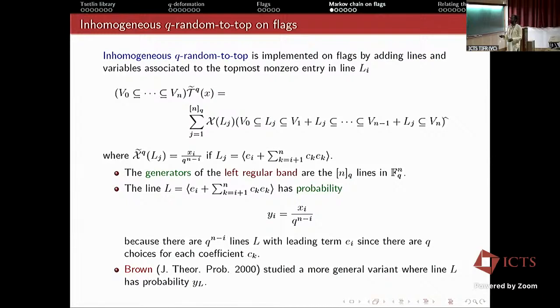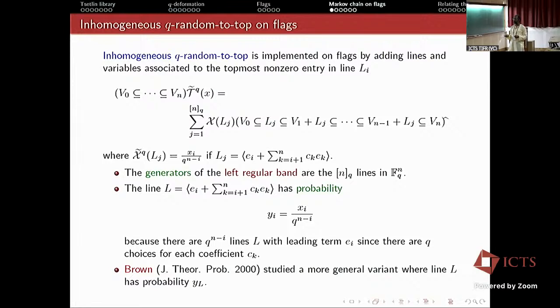So Brown actually studied exactly this Markov chain, which he called the Q analog of the Tsetlin library also. But in his situation, he gave different probabilities to each line.